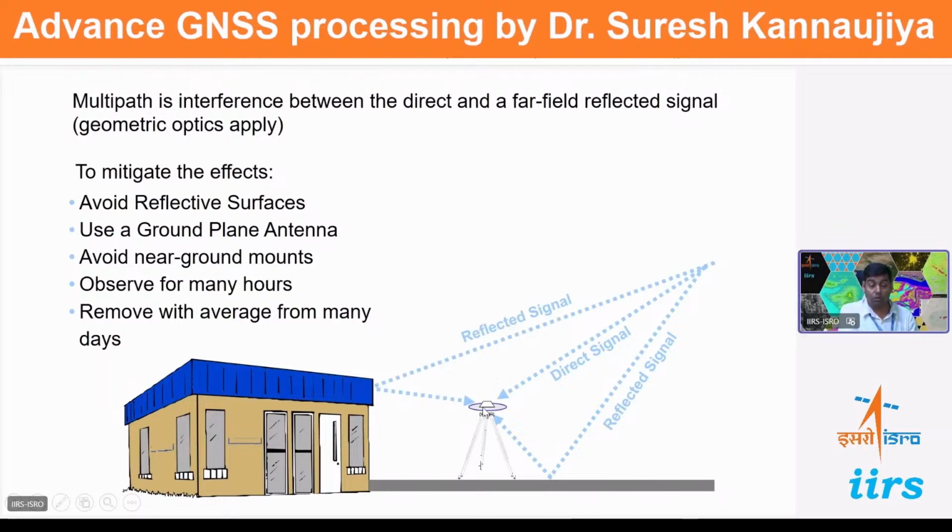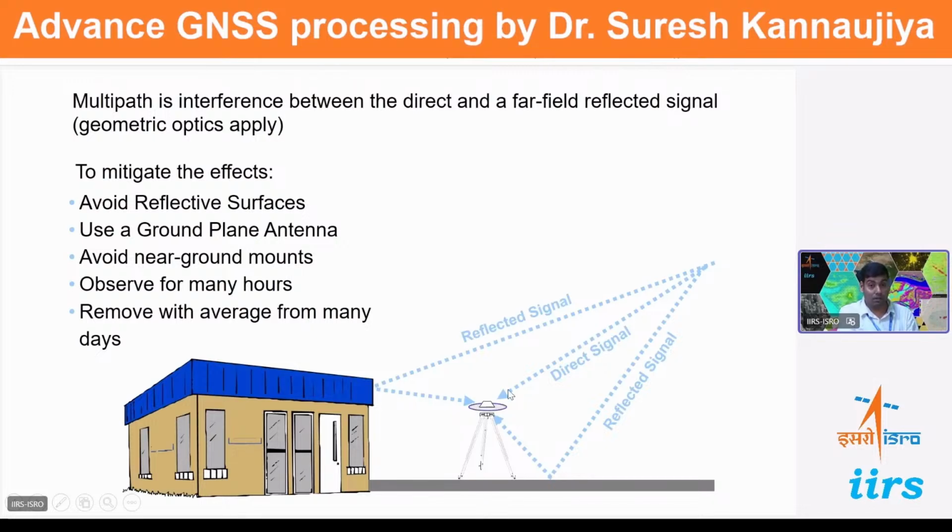So now we need to take care of the setup of the campaign station. If we cannot ignore this location, and we have to set up the campaign station here for some specific objective, then we have to set up the choke ring antenna, which I have shown you.